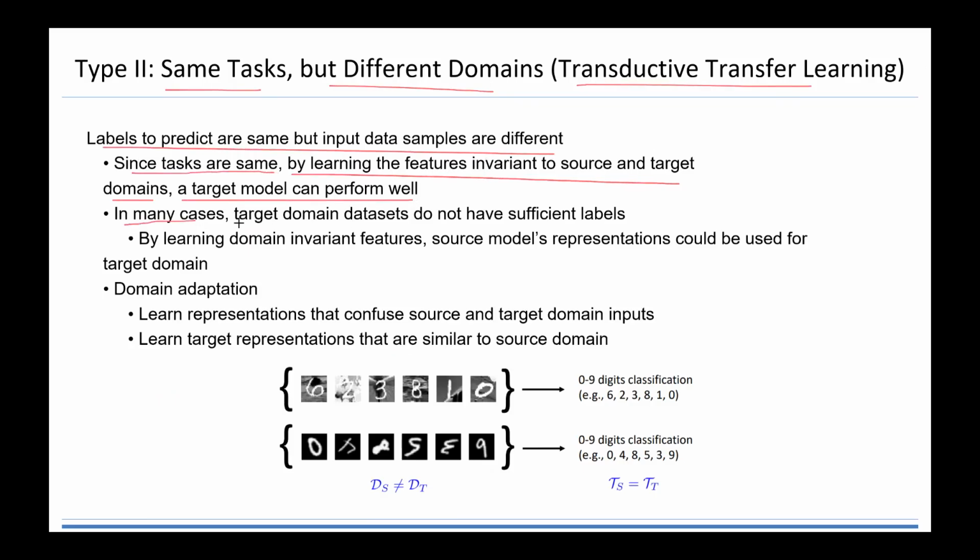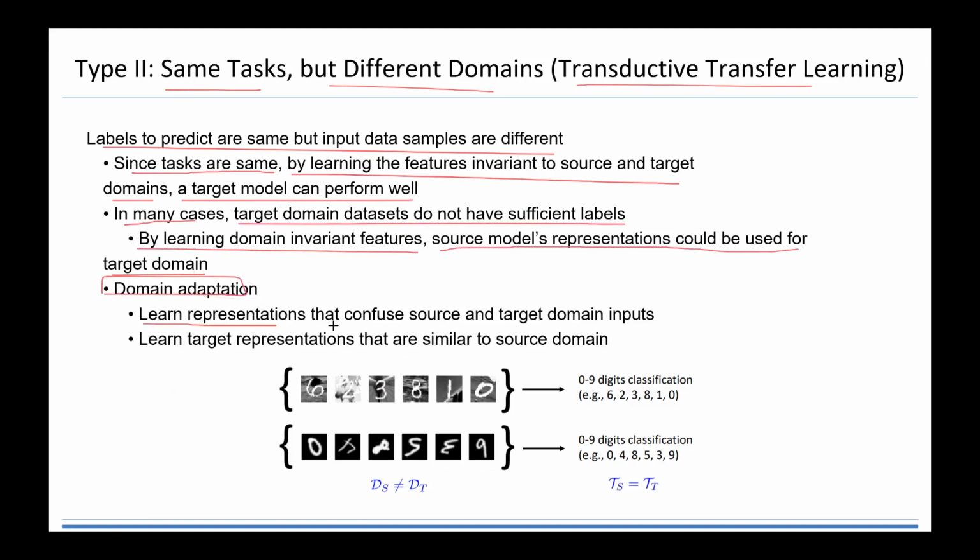In many cases, the target domain datasets do not have sufficient labels. By learning domain invariant features, the source model representation could be used for the target domain. We call this domain adaptation.